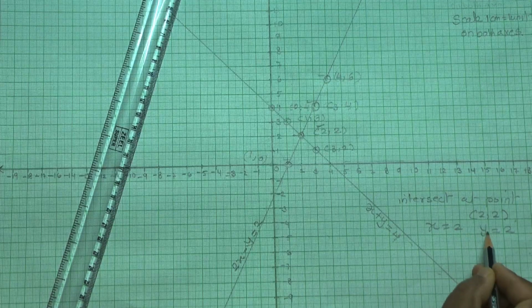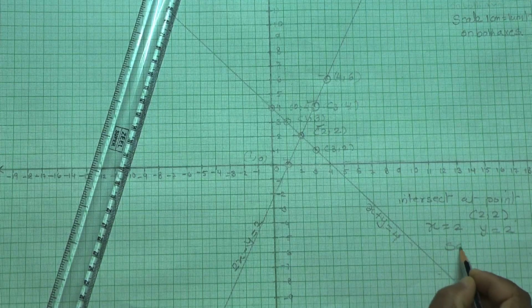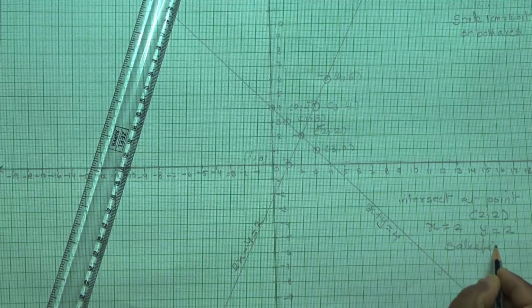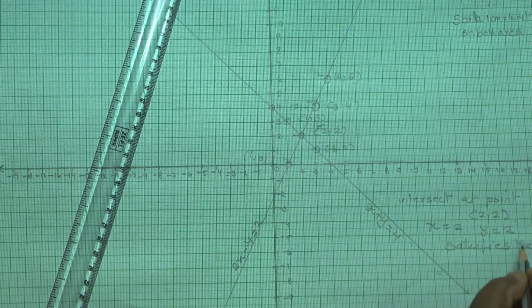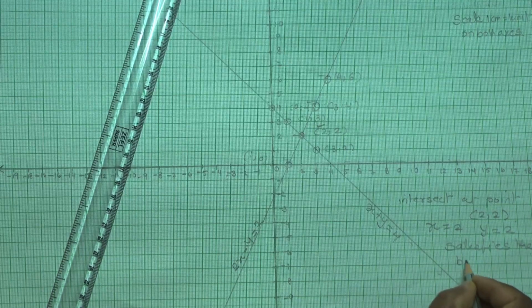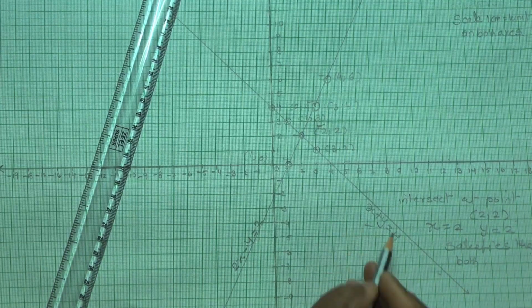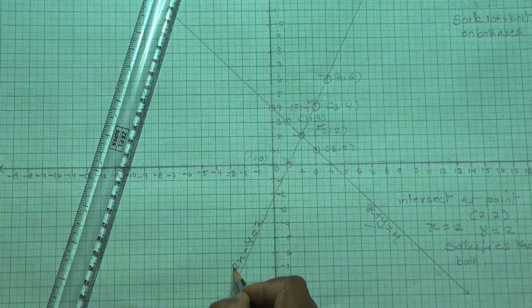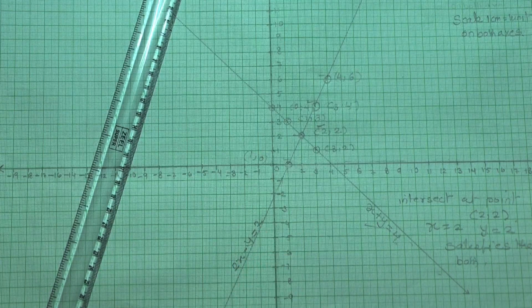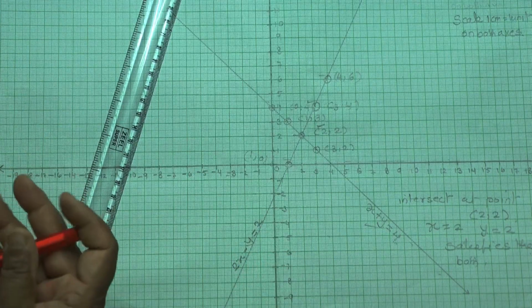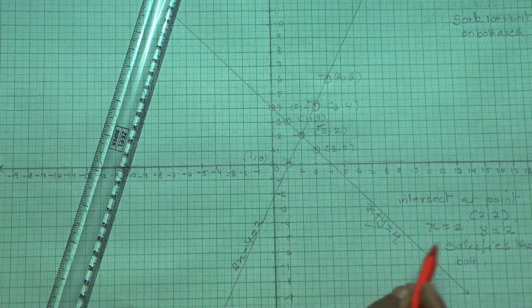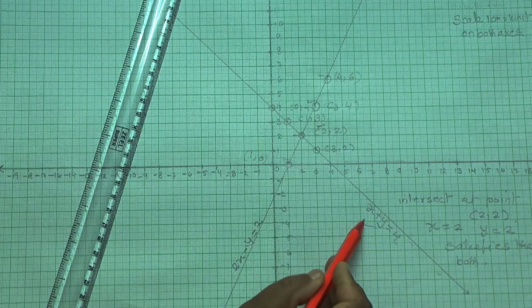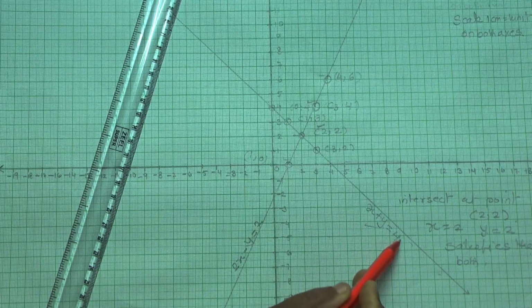So x is equal to 2 and y is equal to 2 satisfy both the equations. Which equations? x plus y is equal to 4 and 2x minus y is equal to 2. And how does it satisfy? It means if I place the values x is equal to 2 and y is equal to 2 in the equation, I will get the answer 4.